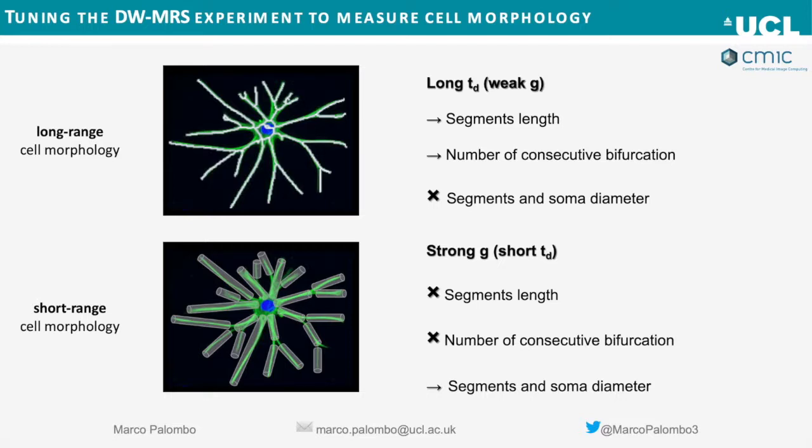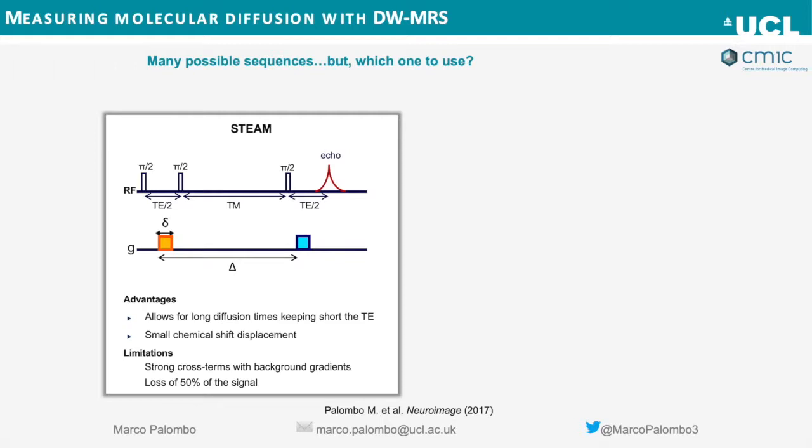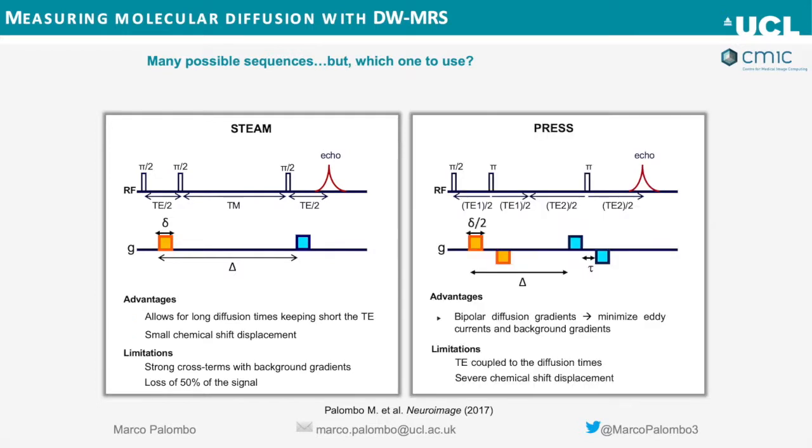So once we decided our experimental strategy, we also needed to decide which sequence to use for these measurements. In fact, many sequences are available for diffusion-weighted experiments, for example, stimulated echo-based sequences or spin echo-based sequences. The choice of the sequence depends on many factors, including the SNR and the bias due to mechanisms other than diffusion, such as relaxation. For example, STEAM-based sequences are best for long diffusion time acquisition because they enable shorter echo time than spin echo-based ones.